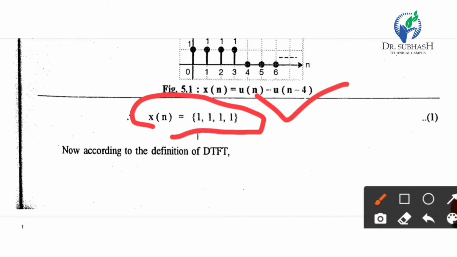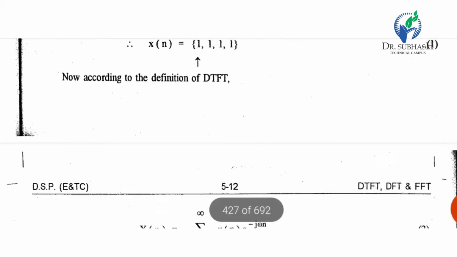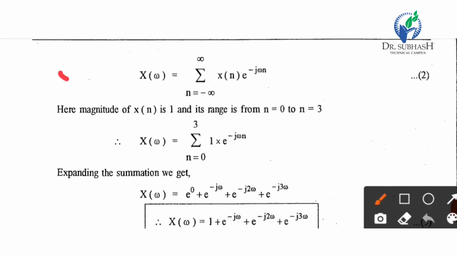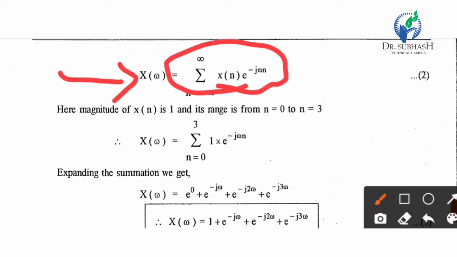Now we have to find the DTFT. According to our definition, X of omega equals summation n equals minus infinity to infinity x of n e raised to minus j omega n. But we check that our x of n is only available for n equals 0 to 3.